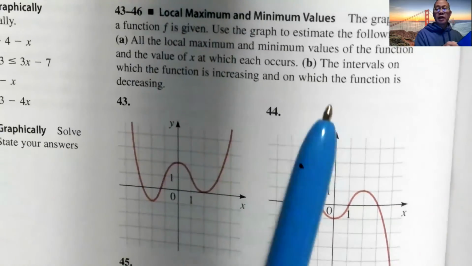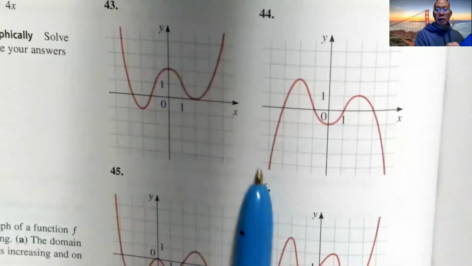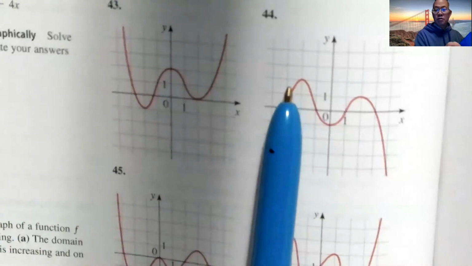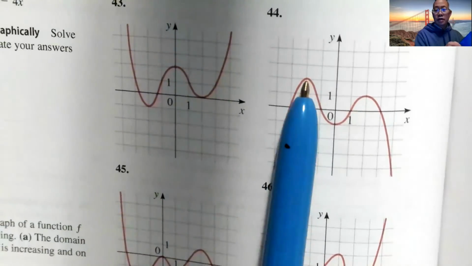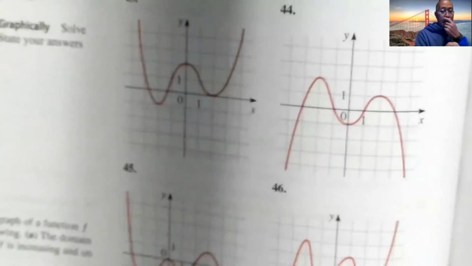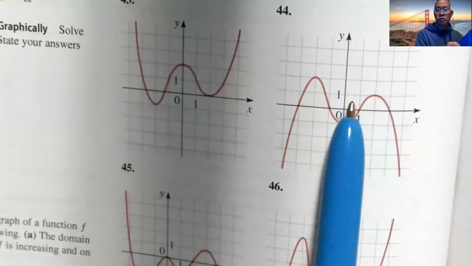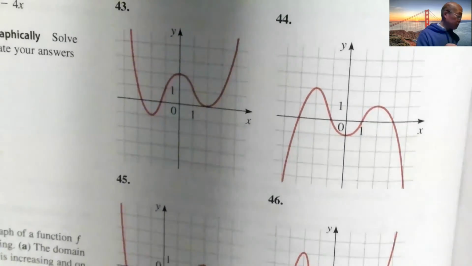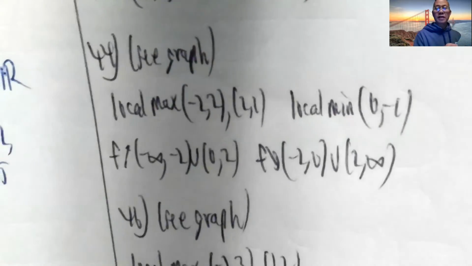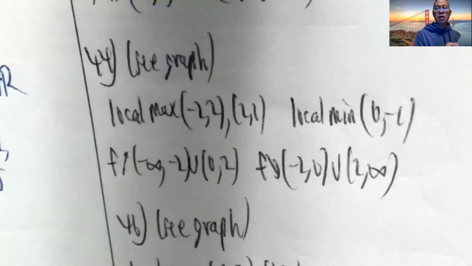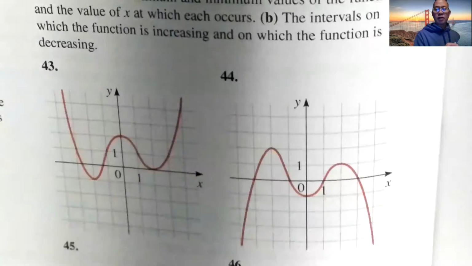Okay, so maximum, minimum, maximum, right? And intervals of increase and decrease. So increasing up to -2, decreasing from -2 to 0, increasing from 0 to 2, decreasing from 2 to infinity. So here it is, local max at (-2, 2) and (2, 1). Local minimum at (0, -1).